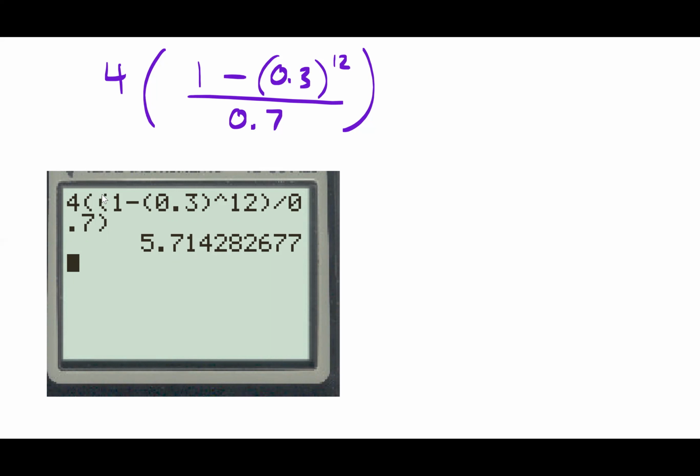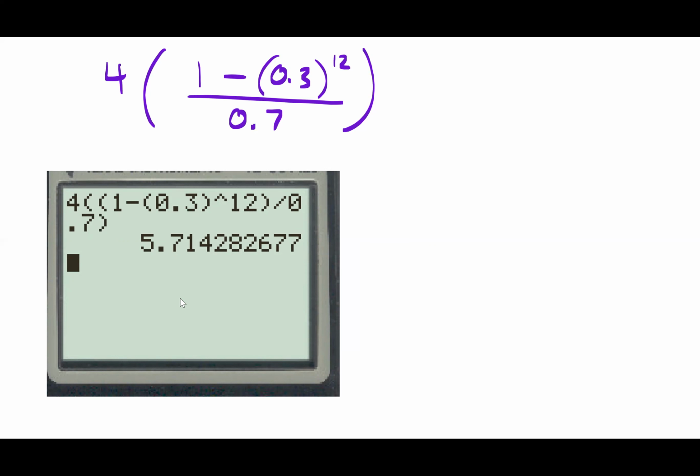So I got a parenthesis for the numerator, 1 minus parentheses 0.3 to the 12th power. Notice I'm going to close off that numerator right there. Boom. Divided by, since this is a single term, it really does not need a parenthesis. You can just write 0.7. Then we're going to close off this parenthesis, and that matches up with this big parenthesis right here.